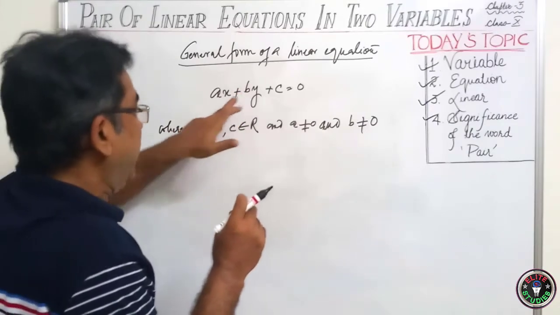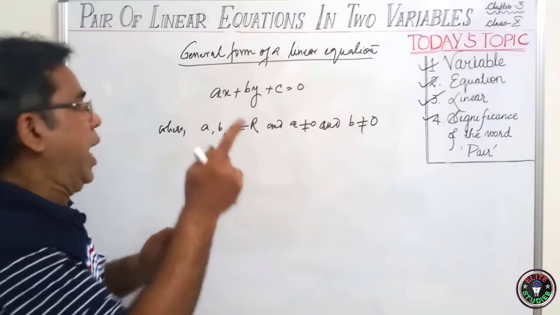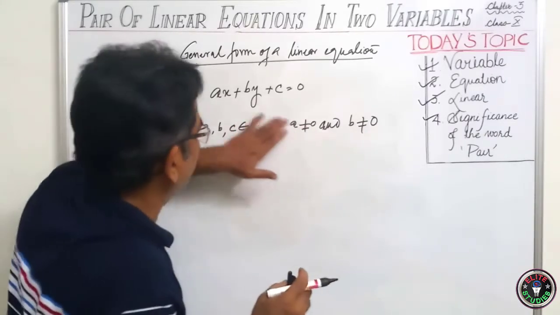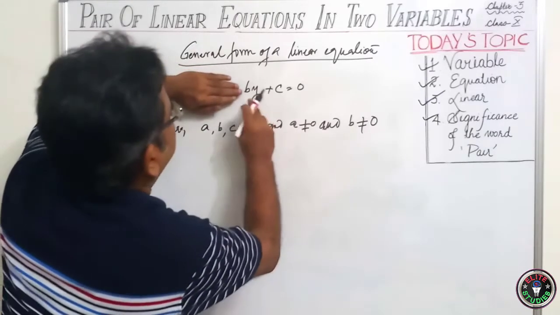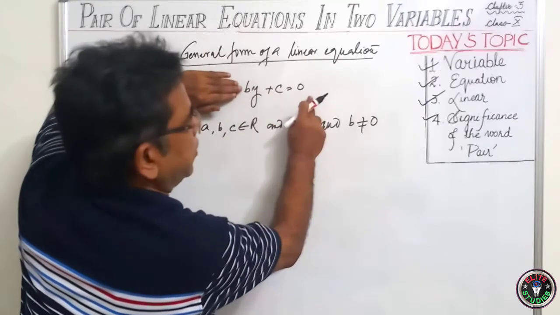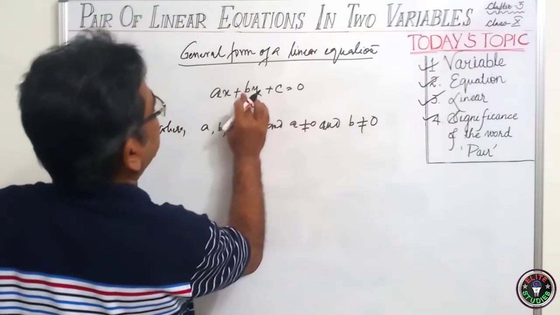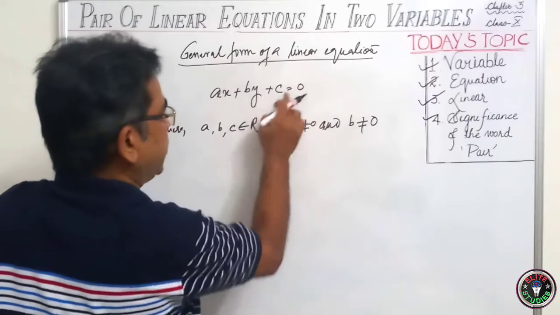If b is 0, a should not be 0. Either a or b may be 0. Because if a is 0, then you are having a linear equation. And if b is 0, then again you are having ax plus c is equal to 0, so again you are having an equation.